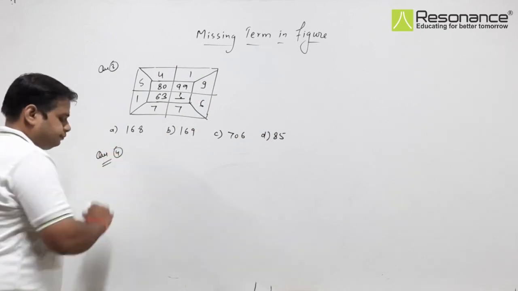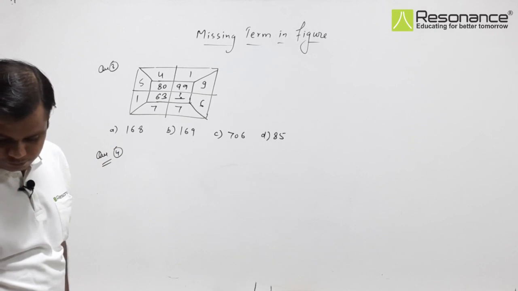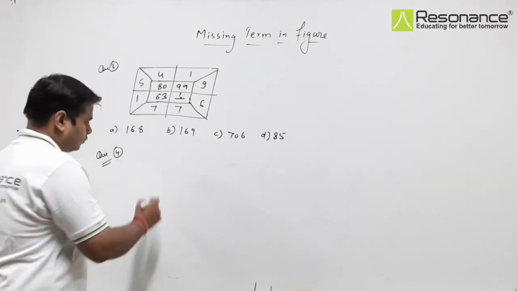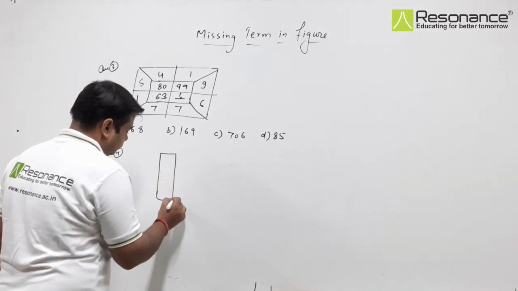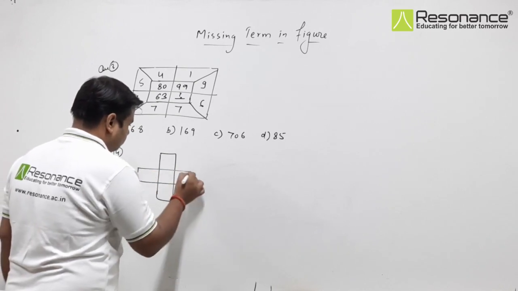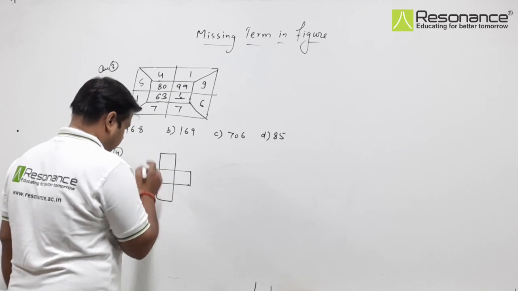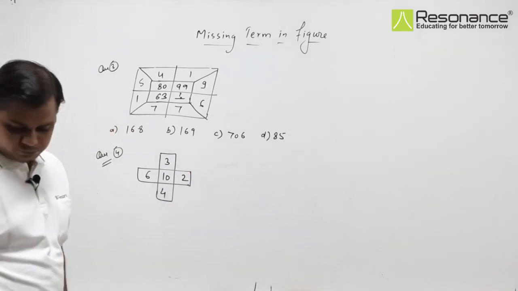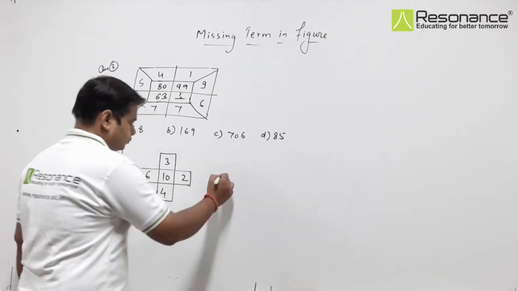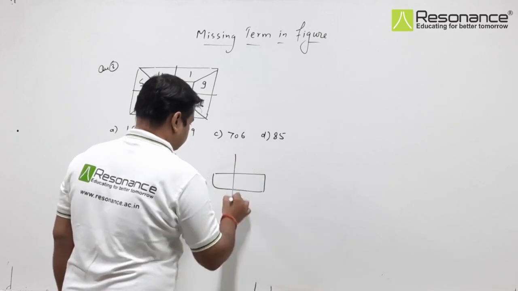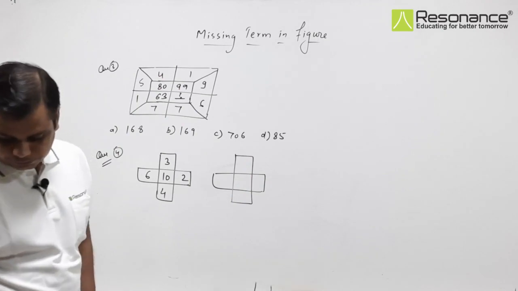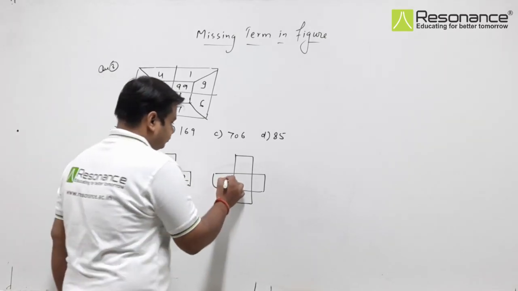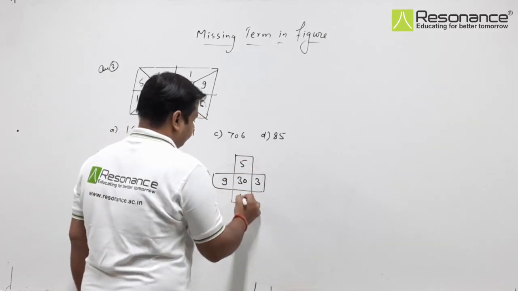Another question we have. Six, 10, 2, 3, 4. Next, 9, 33, 5, 5.